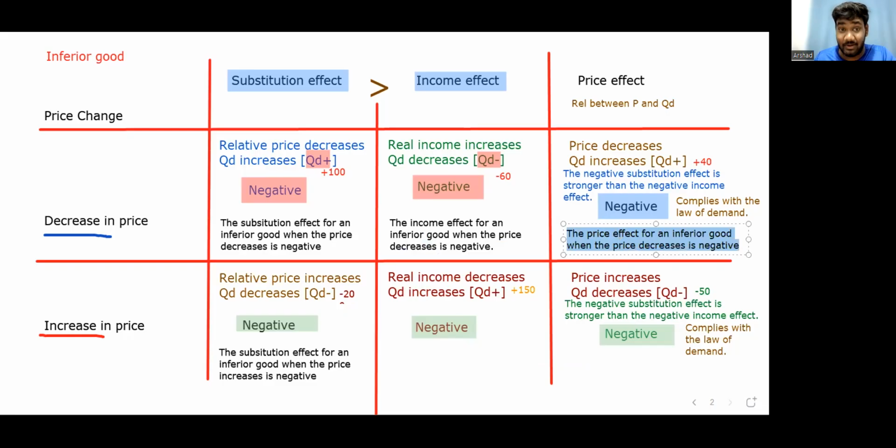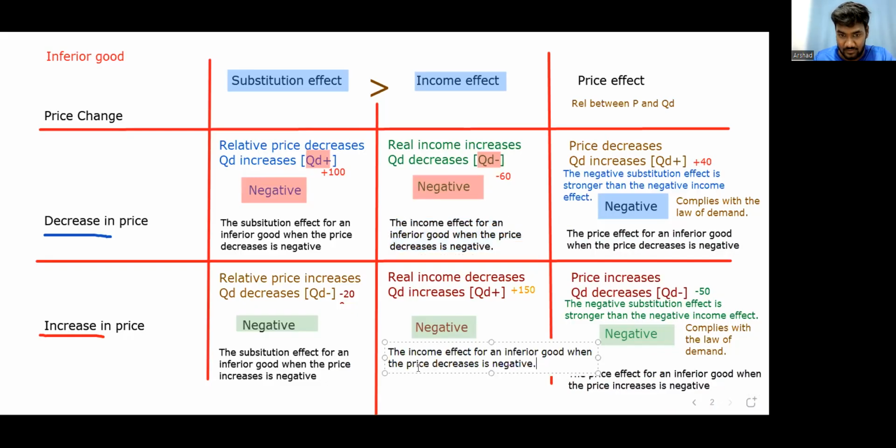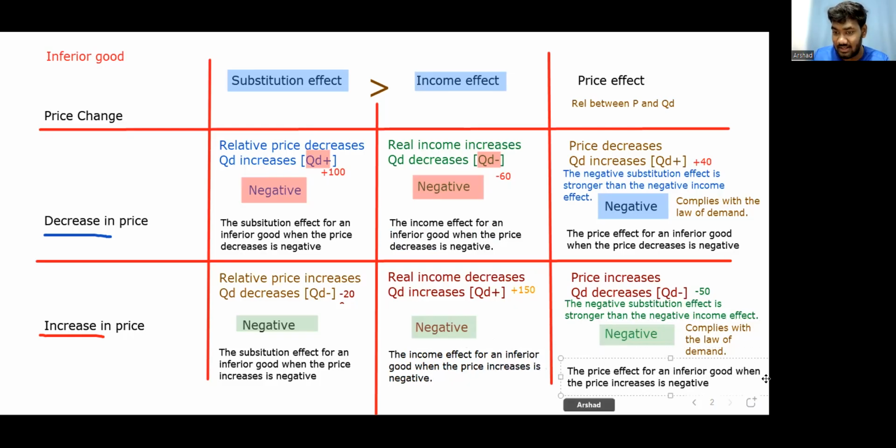Final summary point that I can give: the price effect for an inferior good when the price increases is negative, again. This is negative, right?